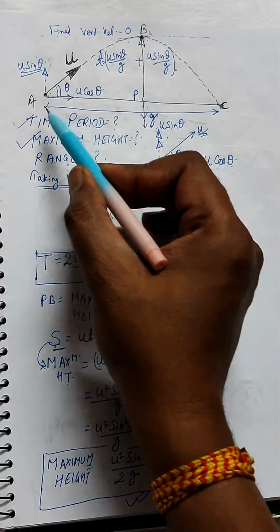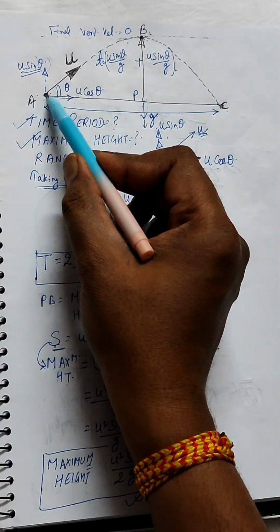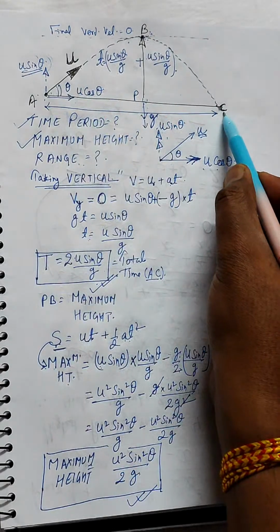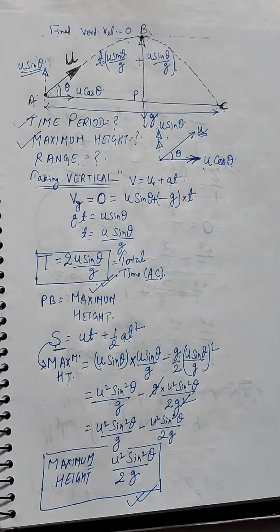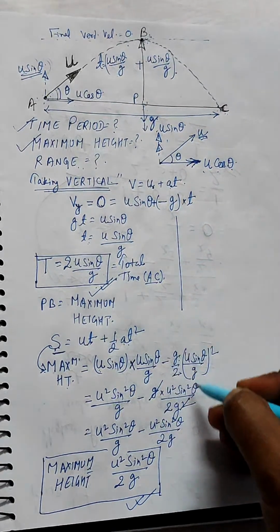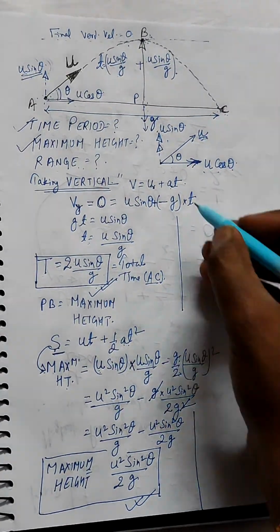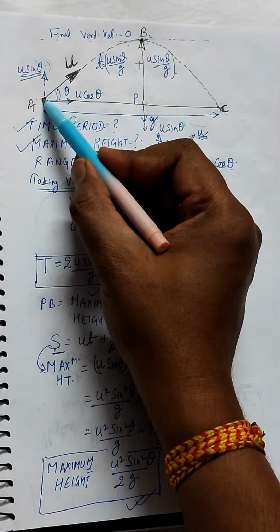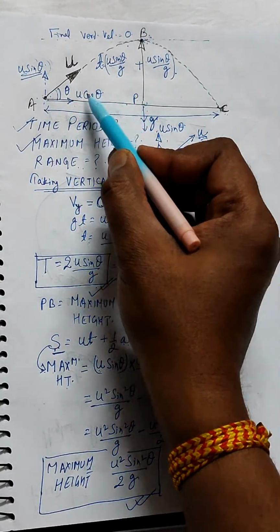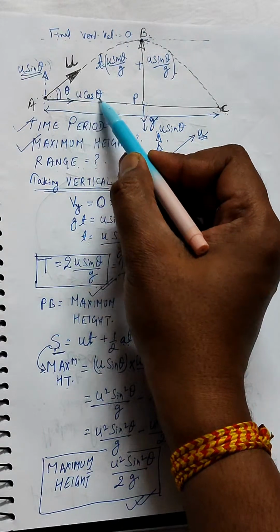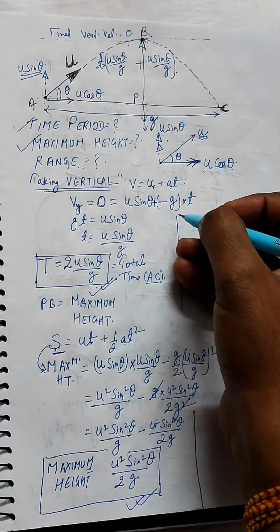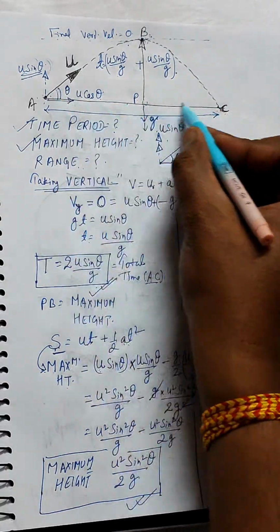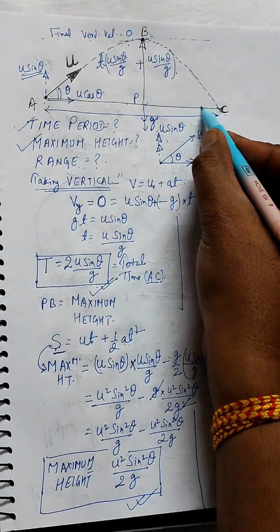The range is the distance from A to C, basically the displacement A to C. For range, the component of velocity which will be acting is only the horizontal component, that is u cos theta, right? So for the horizontal component of velocity, displacement will be this one, right?